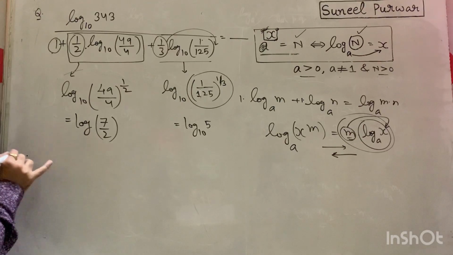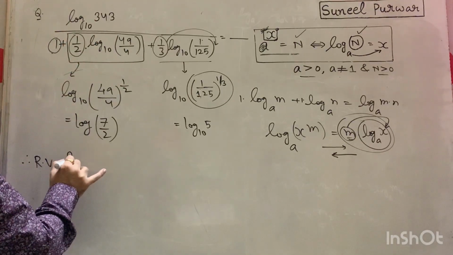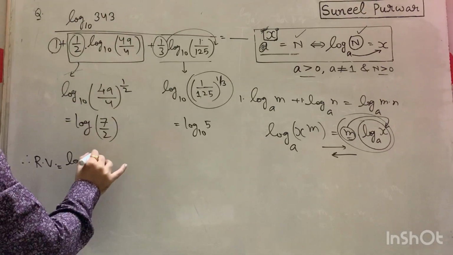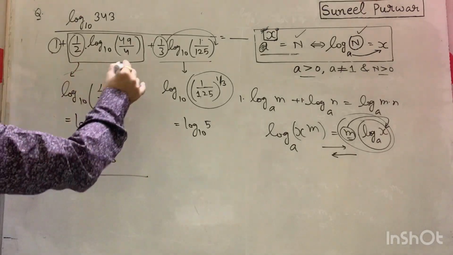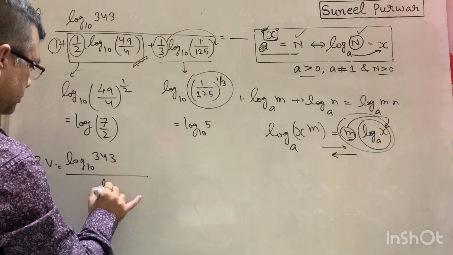Okay, so hence the required value becomes now log of 343 at base 10 divided by this quantity, which has become log of 7 by 2.